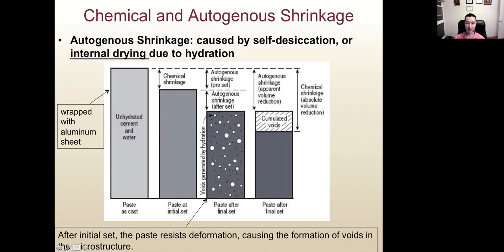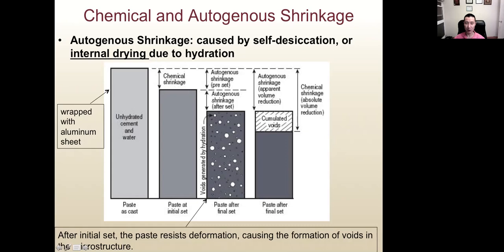Let's say at initial set time, we have a little bit of chemical shrinkage, and after initial set, chemical shrinkage will continue. That will generate pores. These little pores will be generated inside the hardened cement paste.